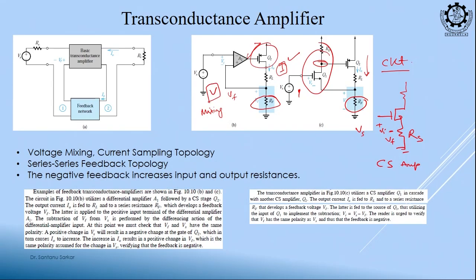We already discussed this kind of negative feedback in the source degenerated common source amplifier, right, common emitter amplifier. How is the feedback happening? Because this is my input voltage and this voltage I am subtracting. So, this is my Vi, just like that Vi. What is Vi? Vs minus Vf, same thing is happening.